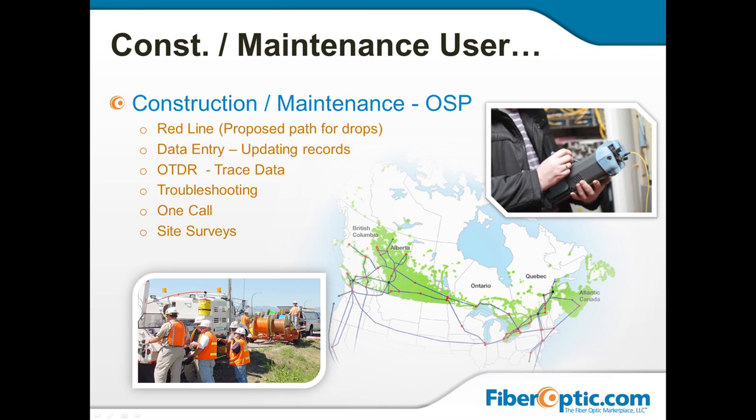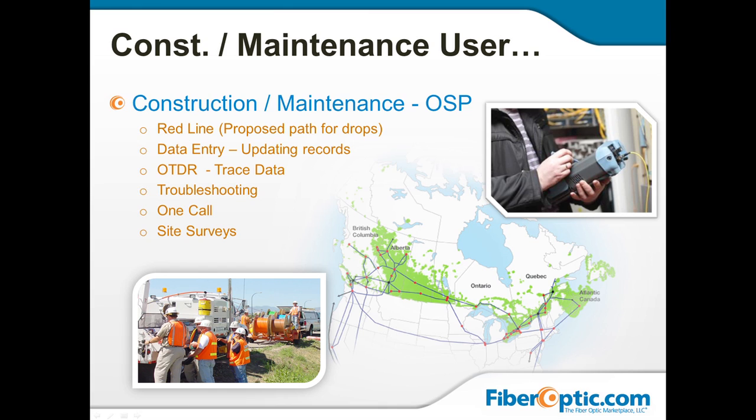Go to this mark on the map, and somewhere in that general area, depending on the accuracy of the data that you've given the system, you should be able to get very close to the actual break. And not being out there wandering around in the dark with a flashlight trying to find this problem is a huge benefit.